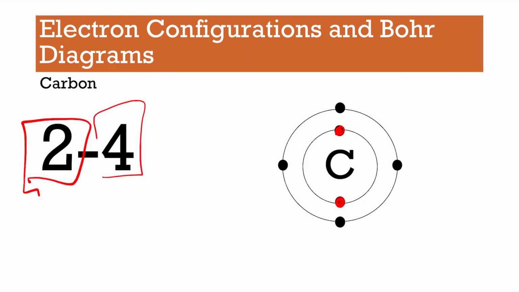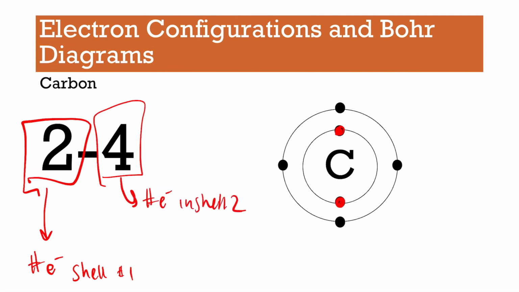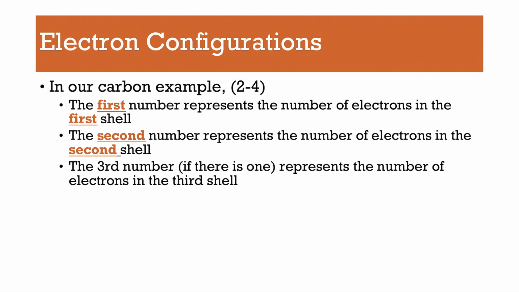And the second number tells you there's 4 in the second shell. If there was a third number, the third shell. If there was a fourth number, the fourth shell, and so on. So again, the first number tells you the number of electrons in the first shell, second number the number of electrons in the second shell. If there is a third one, it goes on and on.